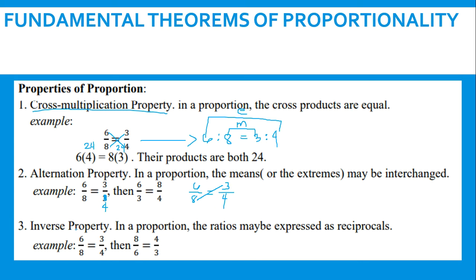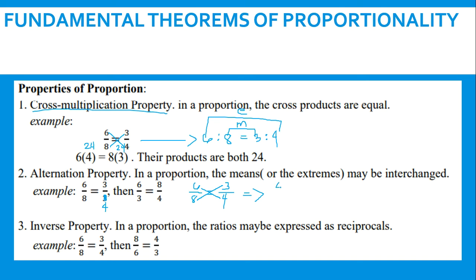So next is we're going to interchange na po natong extremes. So ang extremes kaning 6 og 4. So ang extremes, starting from the upper left going to the lower right diagonally. Okay? So mao na ni siya. So ang 4 which is found here, ibalhin na to sa babaw, sa left.